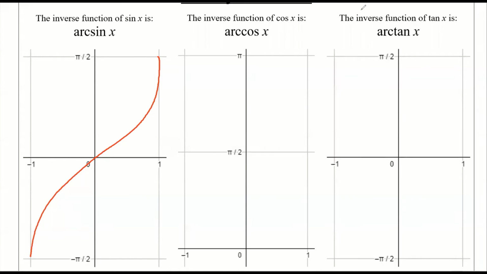Right, I've added the graph y equals arc sine x onto the diagram. We'll just label that, and we'll just talk a little bit about its properties. So remember, we mentioned about having to restrict the domain for sine x in order to produce this inverse function.